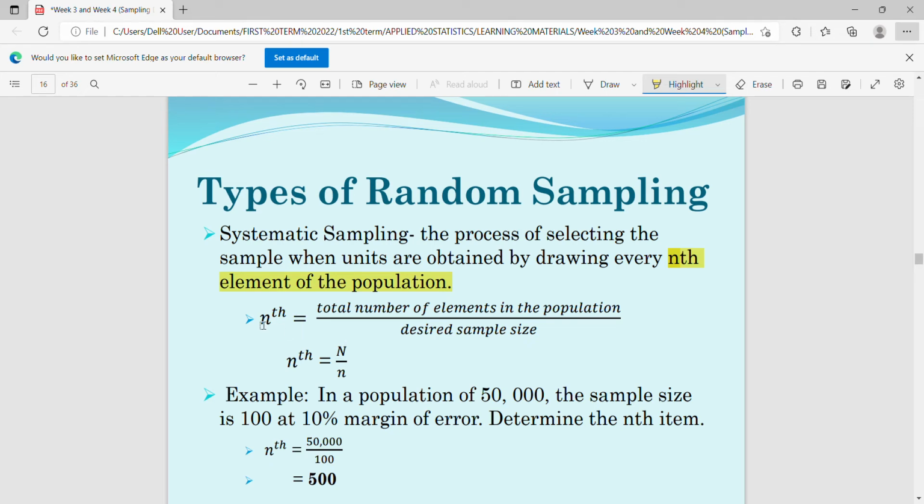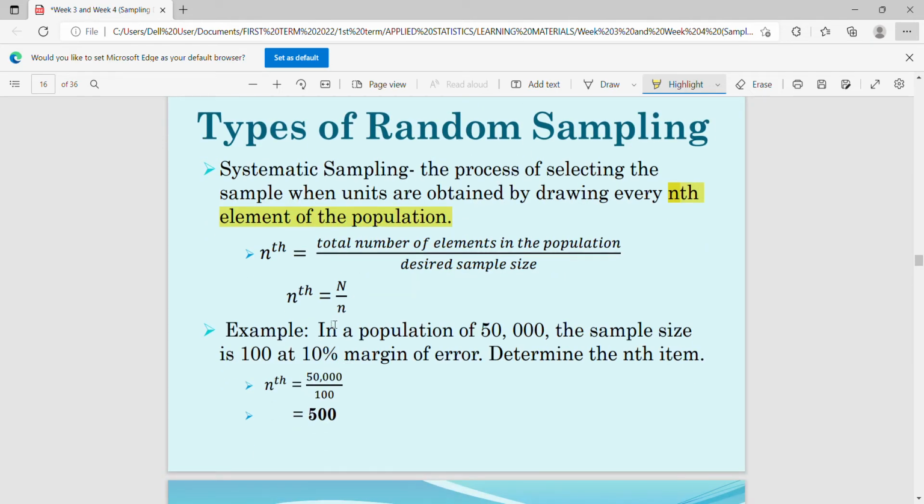We have a formula: n equals the total number of elements in the population over the desired sample size. For example, if you have a population of 50,000 and a sample size of 100, the nth item equals 50,000 over 100, which is 500.